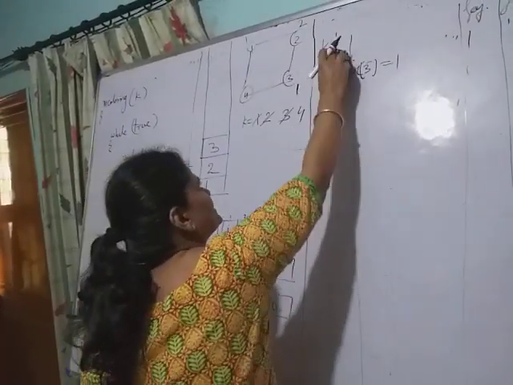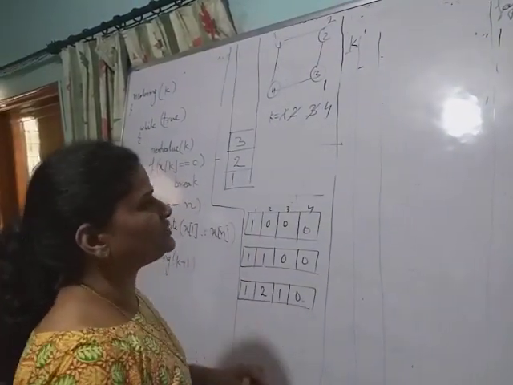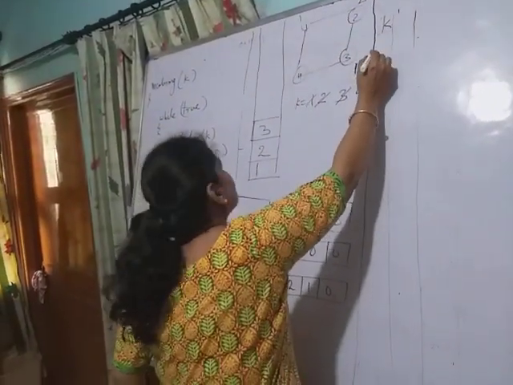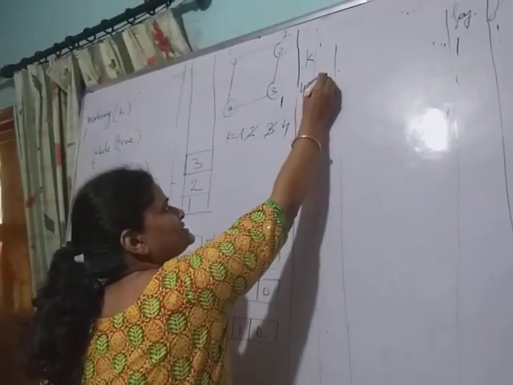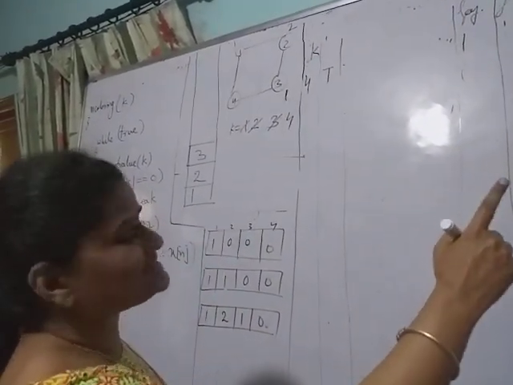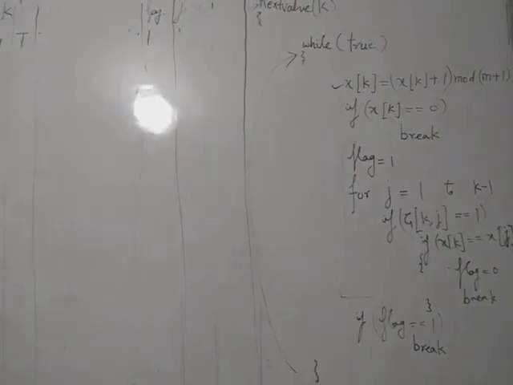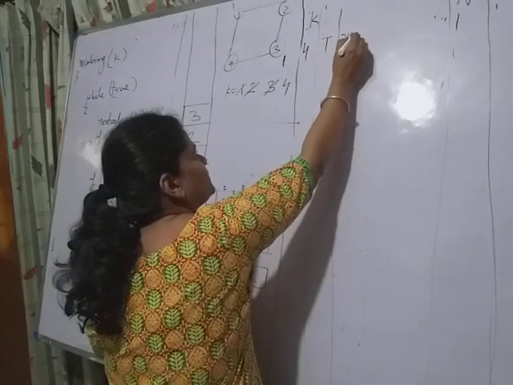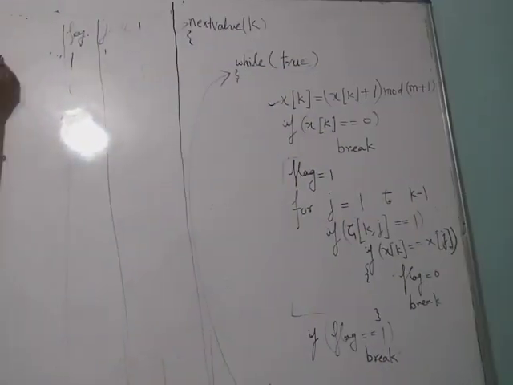This time k is 4. The outer condition is true. Now x4 is 0 here, so x4 equal to (x4 plus 1) mod 4, that is 1.